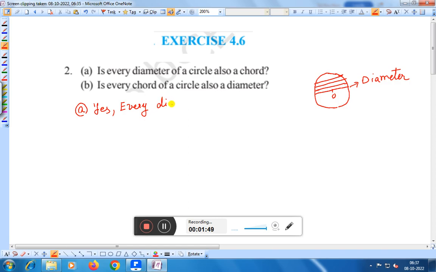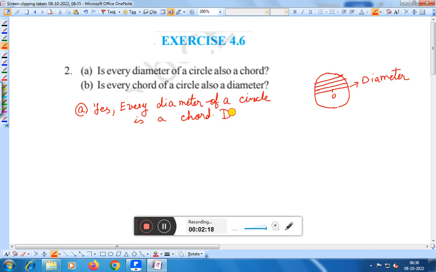Every diameter of a circle is a chord, and we found here that the diameter is the longest chord of a circle.